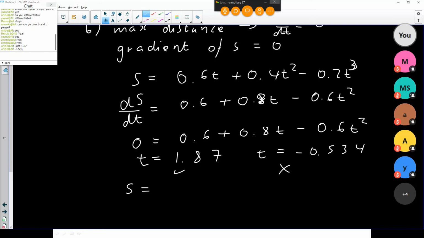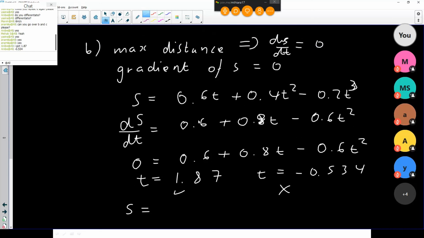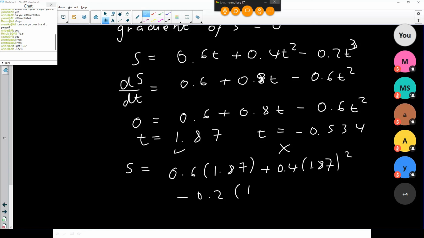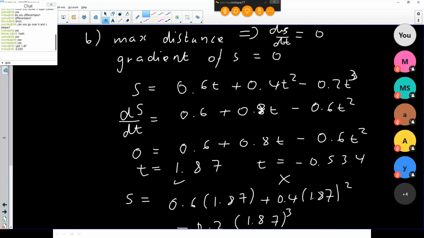So s is equal to 0.6 times 1.87 plus 0.4 times 1.87 squared minus 0.2 times 1.87 all cubed, because I actually wanted the maximum distance.